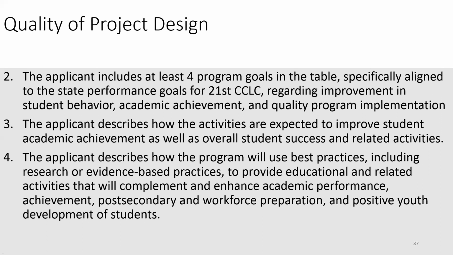They're split into student outcomes, quality services, attendance, and program implementation. So we're looking for you to reflect 4 goals, and at least 1 has to be around adult services.